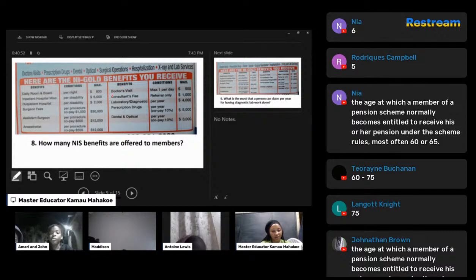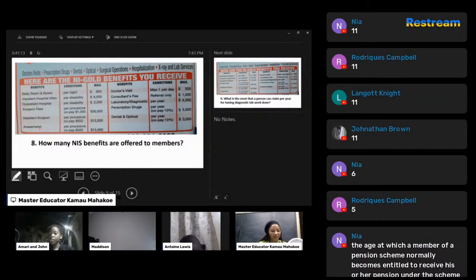The benefits continue here. Do you see that? Oh, yes, Miss. So how many benefits are offered? Miss, 16. Sorry, 11. So we have 1, 2, 3, 4, 5, 6, 7, 8, 9, 10, 11 benefits.